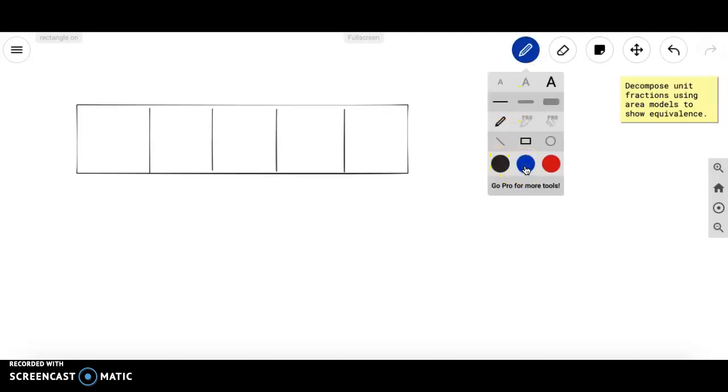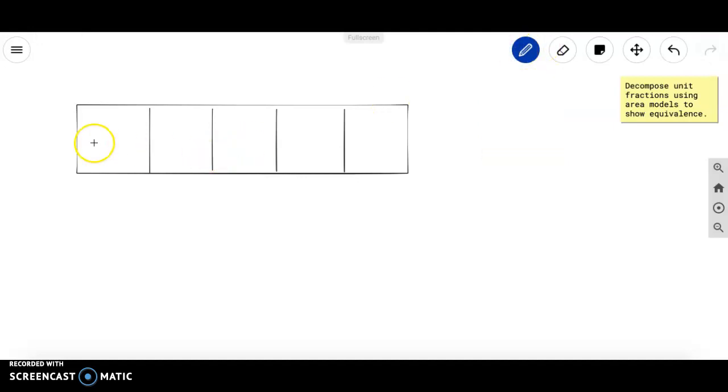So of course I'm going to switch to my blue here. And let's have just our regular pencil. Great. So let's first see what we have here. I'm actually going to shade in this very first one as best as I can, which isn't super easy with the online whiteboard. Like this. There we go. This is the piece that we're going to be working with today.